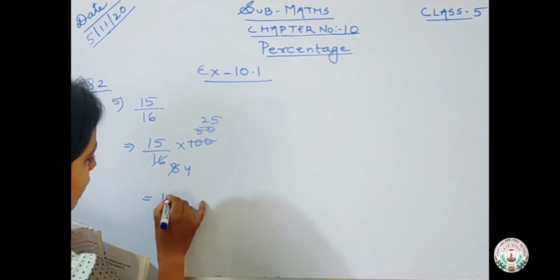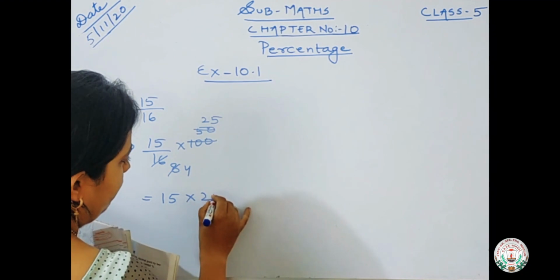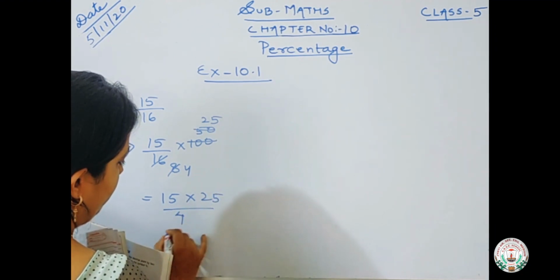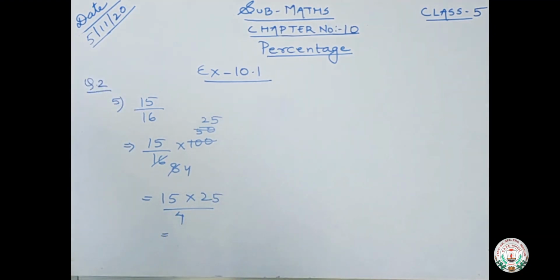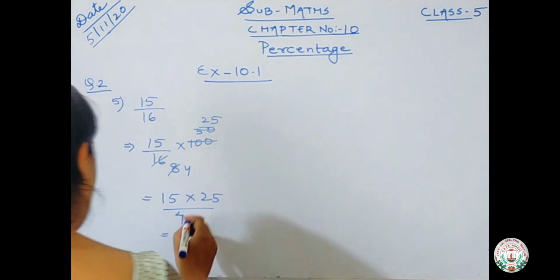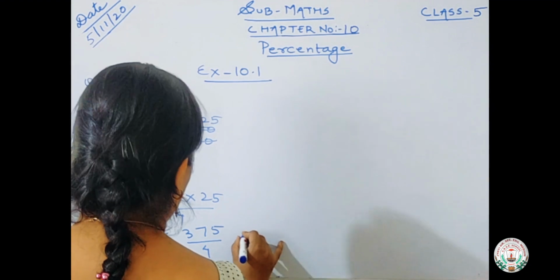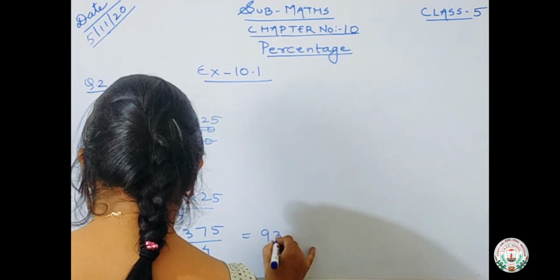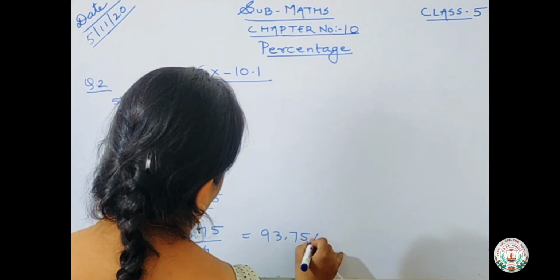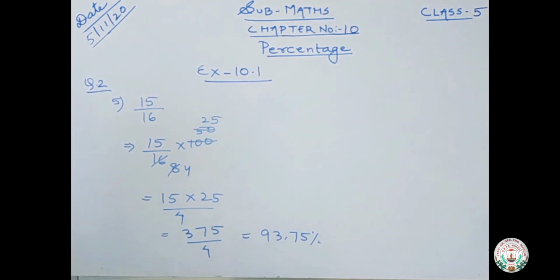What is left out? 15 into 25 divided by 4. First you will just multiply. When you multiply, you will get 375 by 4. After dividing, you will get 93.75. You can do it in rough and then find it out.